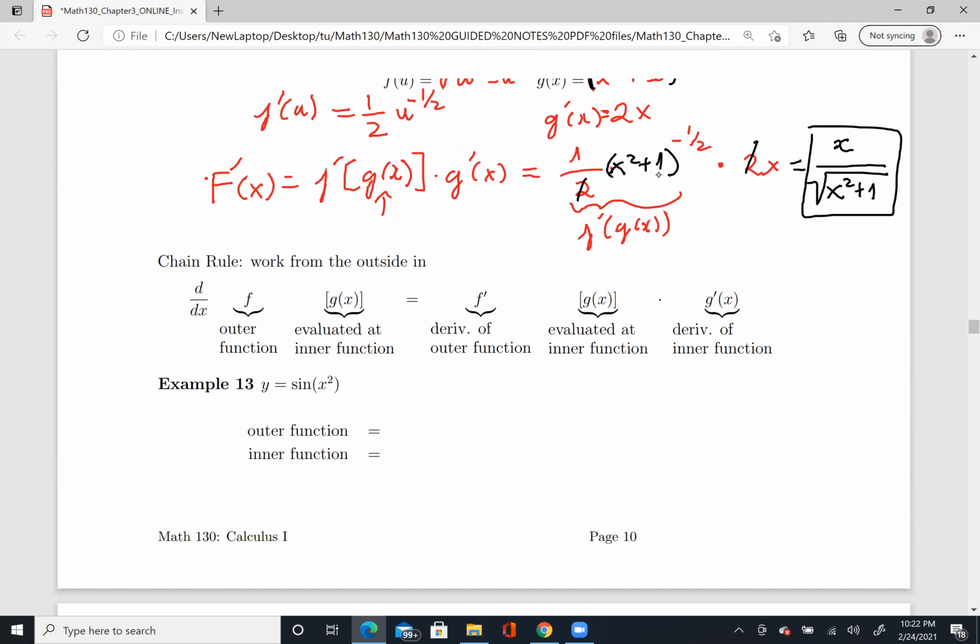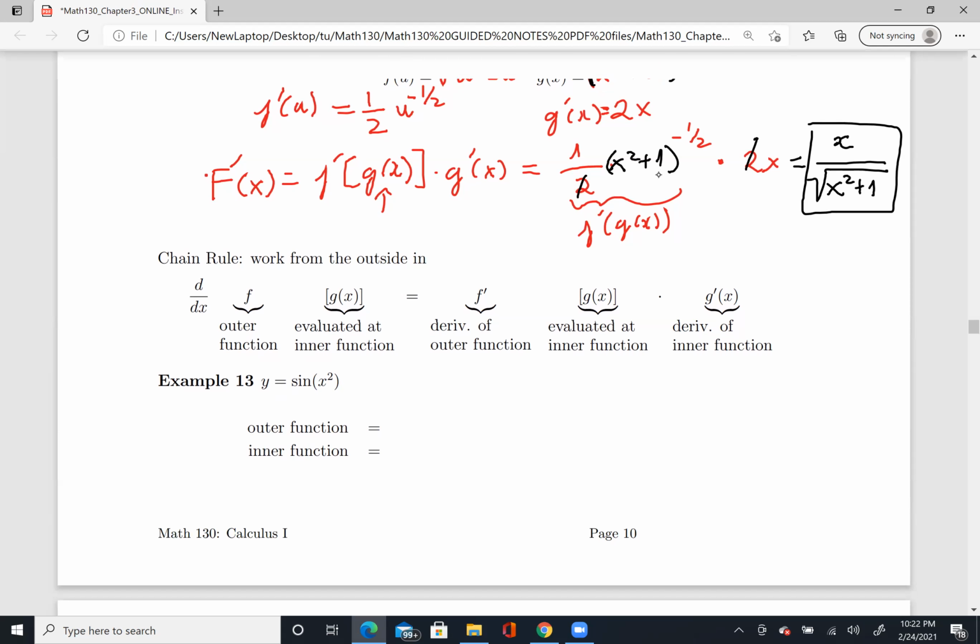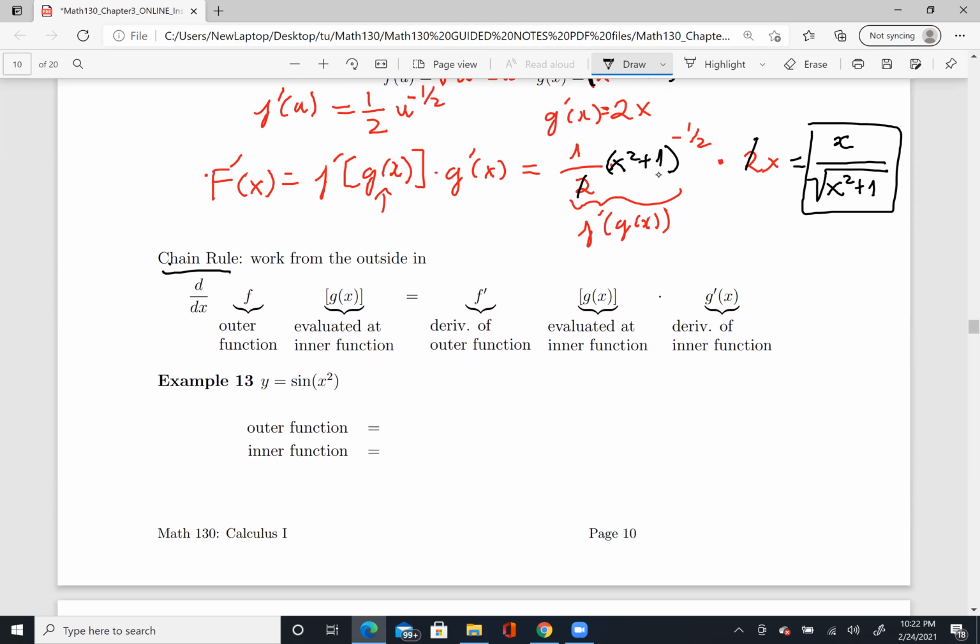So if I talk about the chain rule, work from outside in.